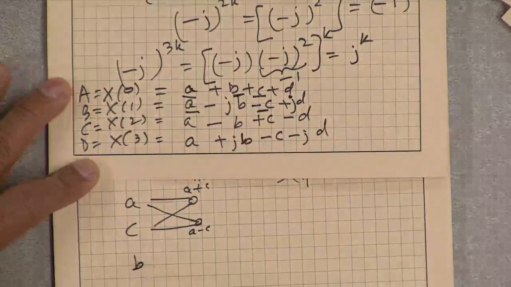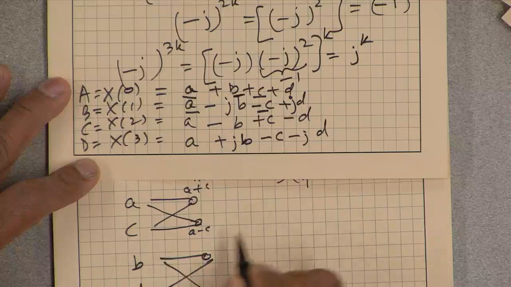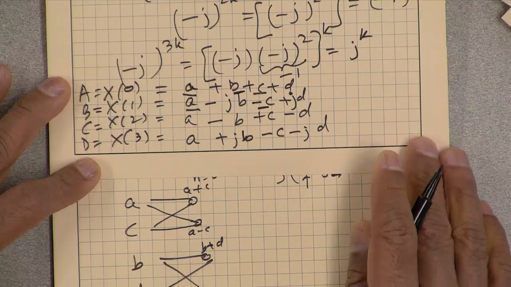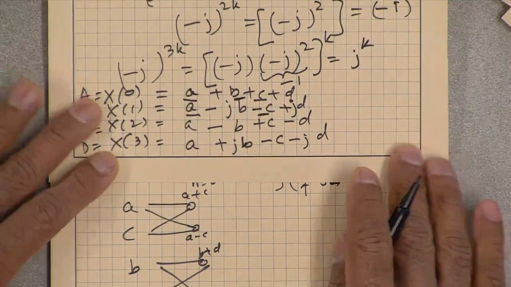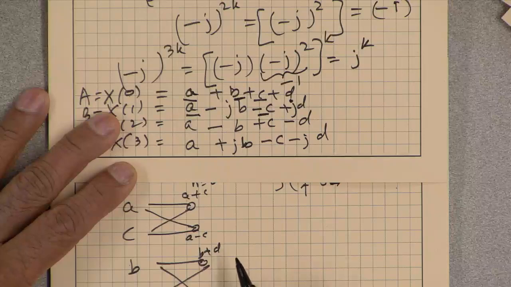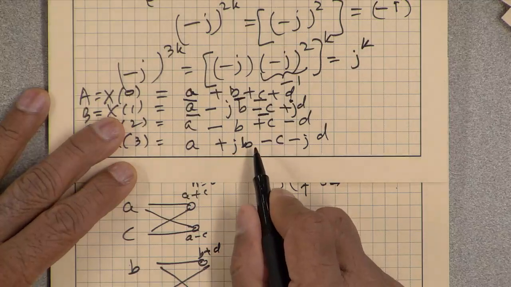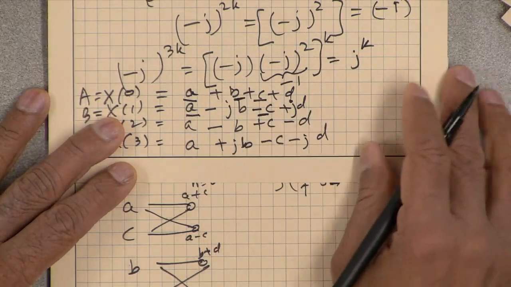So if we start with these two, and we have B plus D and B minus D, and then what we do see is the B minus D. So if you look at this one here, let's write this.